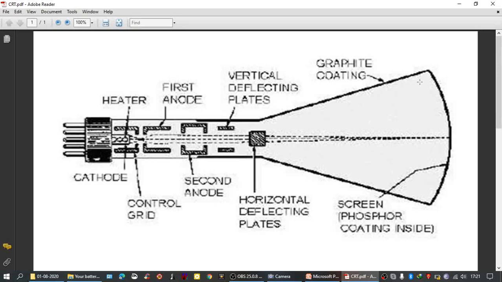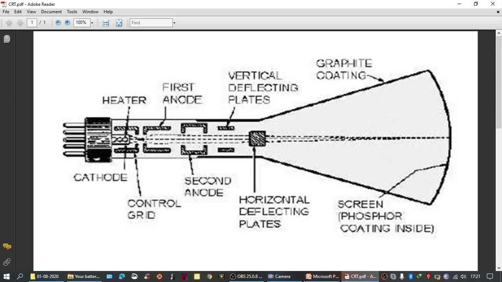And there a calibrated scale is stuck on the outer surface of the CRT screen, which is called a graticule. So this is what we have seen in the previous class.